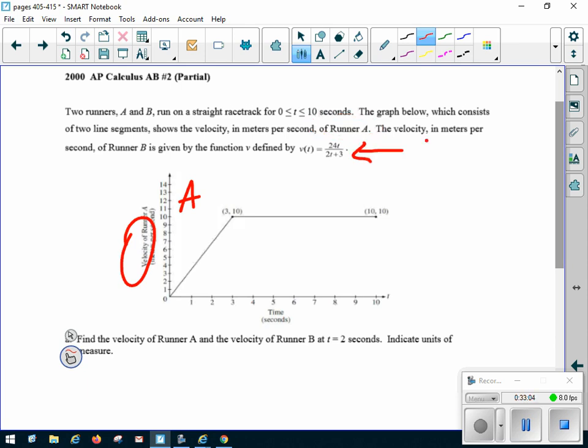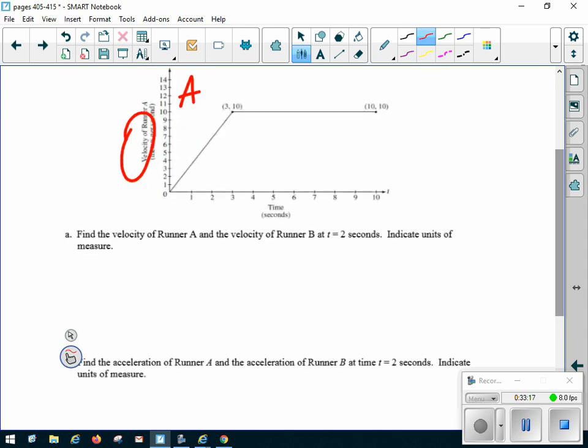So this is B's velocity. So we're given an equation for B and we're given a graph for A for their velocities. All right. Find the velocity of runner A and the velocity of runner B at 2 seconds.